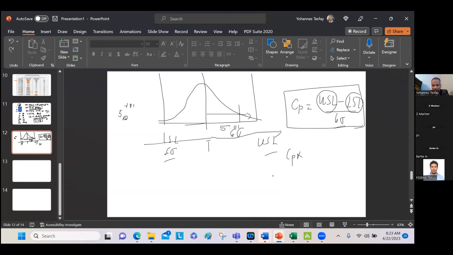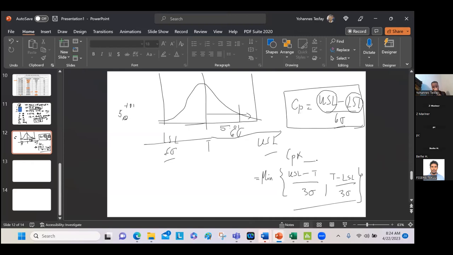So CPK is equal to the minimum of upper specification limit minus target divided by 3 sigma, comma, target minus lower specification limit divided by 3 sigma. Just like that. This is CPK. That's what CPK is. Okay?